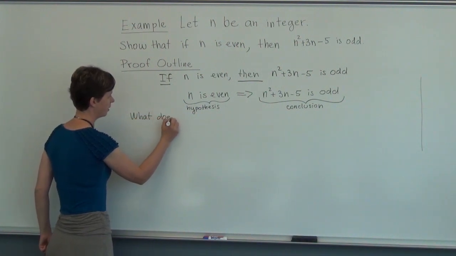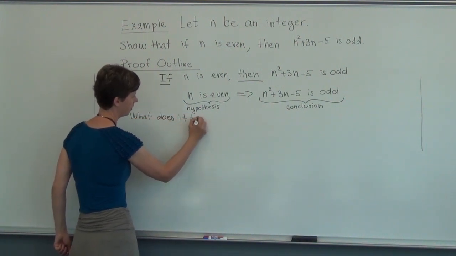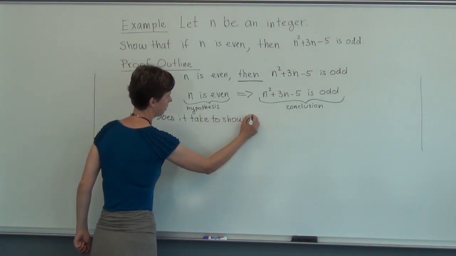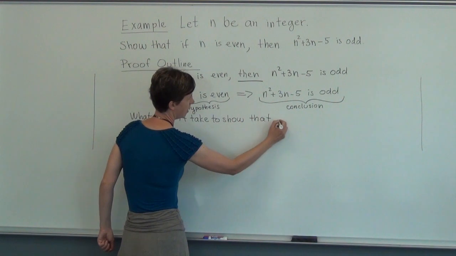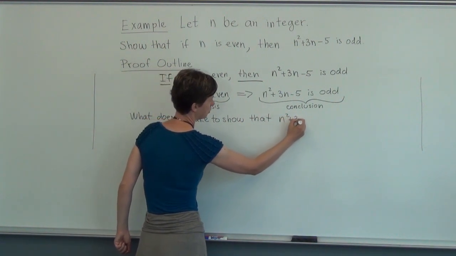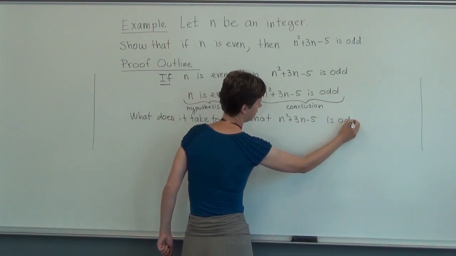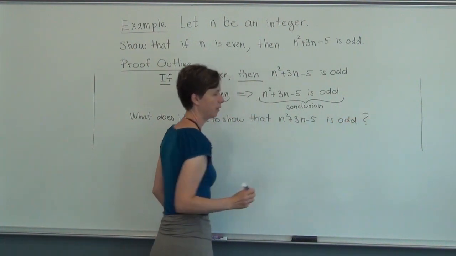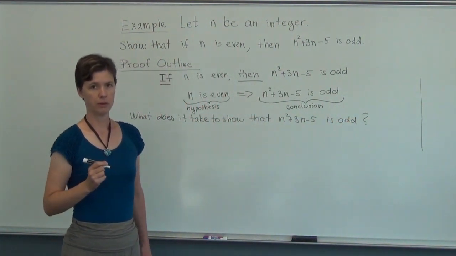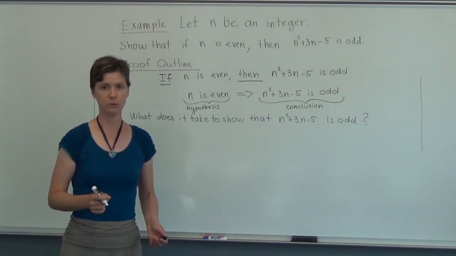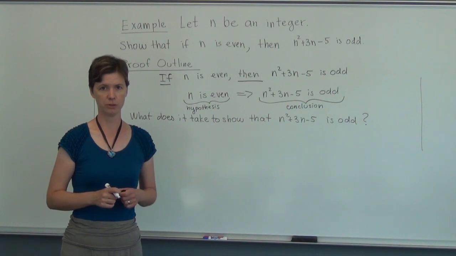What does it take to show that n squared plus 3n minus 5 is odd? Because assuming that the statement is true, whatever it takes is what we're going to do. So we need to know what it takes.